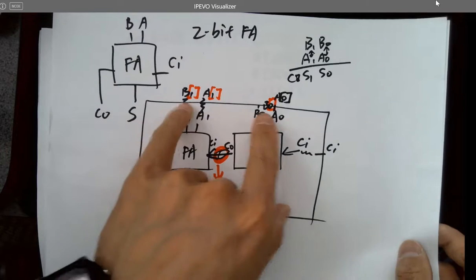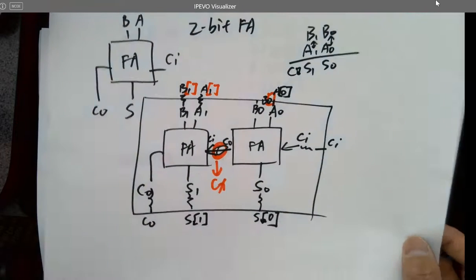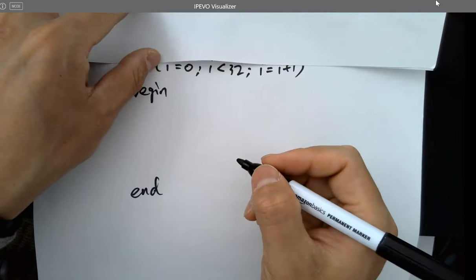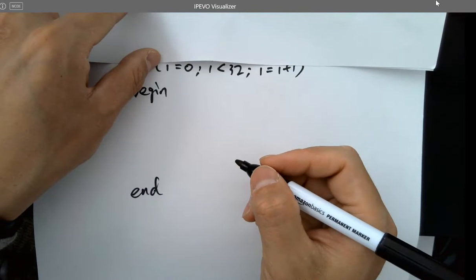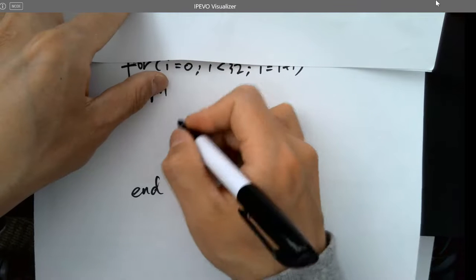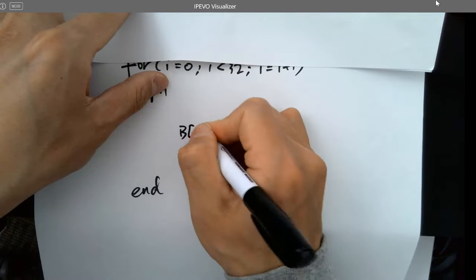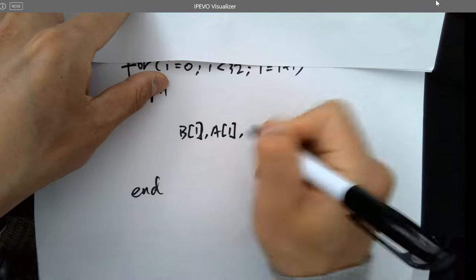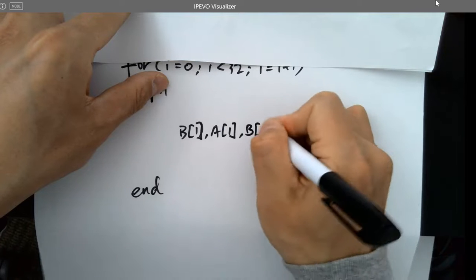You force these bits into one binary number. So it becomes B1, A1, B0.